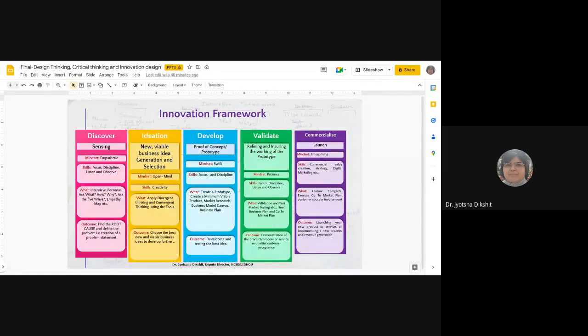Mr. Dilpreet Singh, you raised your hand. Is your mic working now? Mr. Devdas?